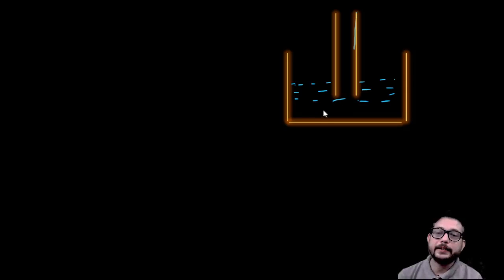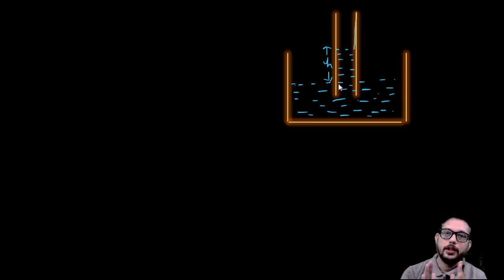The capillary tube has a fine bore, as I have already told you, so the water rises up to a certain height, and the height is basically h. Now you can simply say that the upper surface has a meniscus shape.